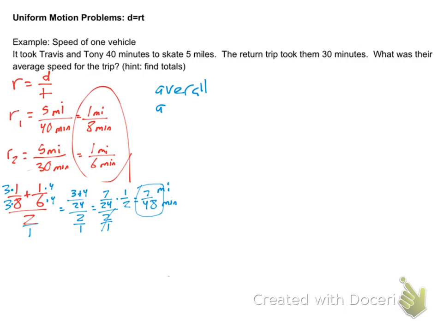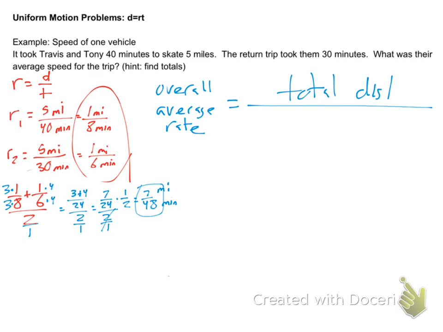So if I wanted the average speed, I sometimes now call it the overall average rate. Guys, overall average rate is total distance over total time.